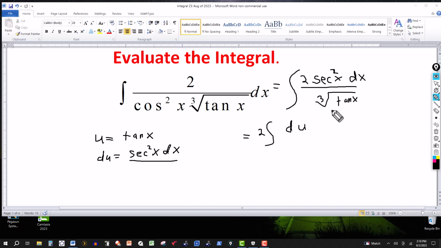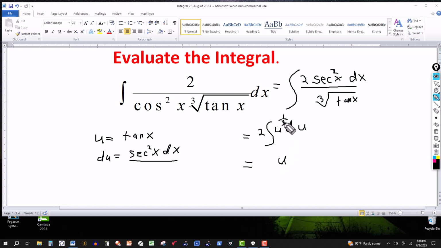In the denominator, I have the cube root of tangent of x, and tangent is u, so that'd be u to the 1/3. I'm going to take it to the numerator, that becomes u to the negative 1/3. And then I'm ready to integrate with respect to u.